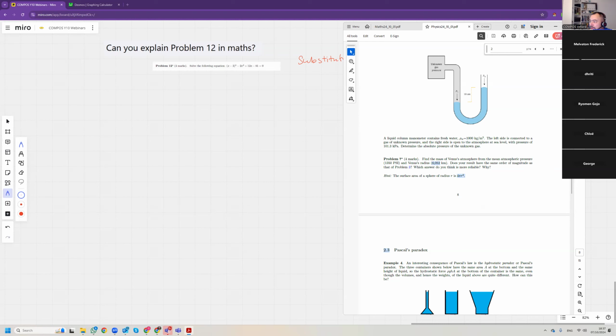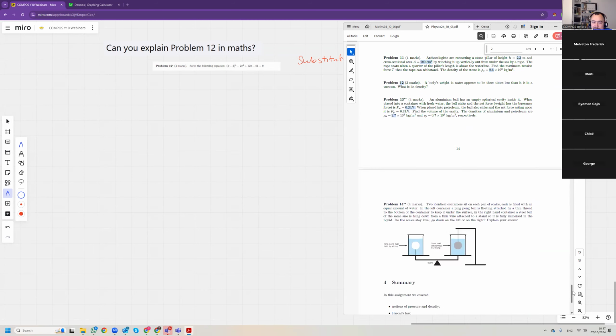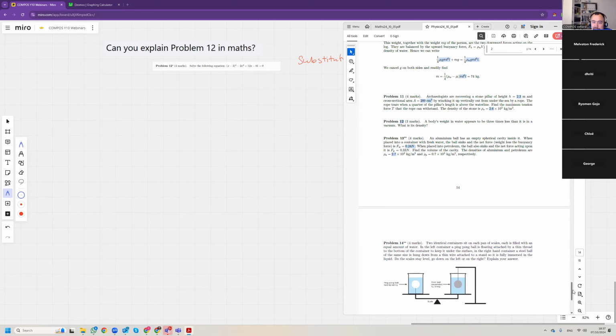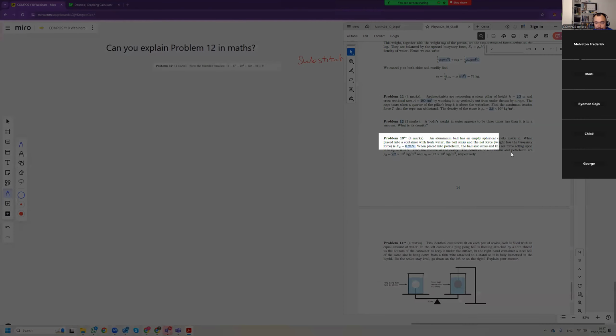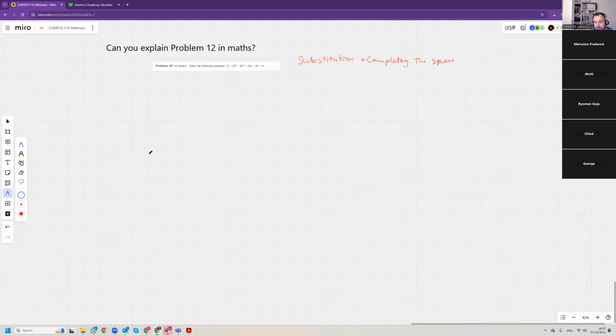Please could you explain question 3 on the physics paper? Problem 13. Well, it's a double star question, means it's an extra hard question.